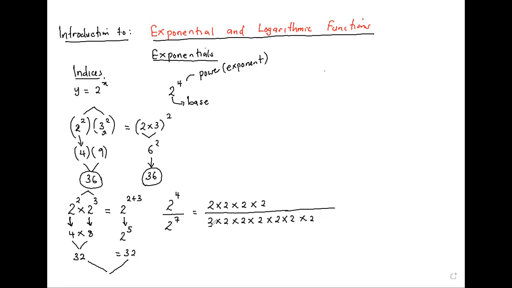So we have 1, 2, 3, 4, 5, 6, 7. So we know that we can cancel here, here, and here. So we're remaining with 1, 1, 1, 1, 1, 1, 1, 1. So 1 times 1 times 1 times 1 times 1, we just get 1. And 1 times 1 times 1 times 1 times 2 times 2 times 2. This is 4. And then by 2, so we'll have 8.